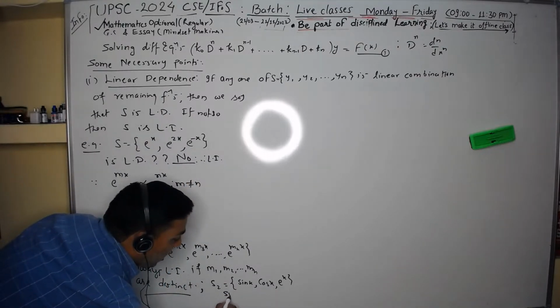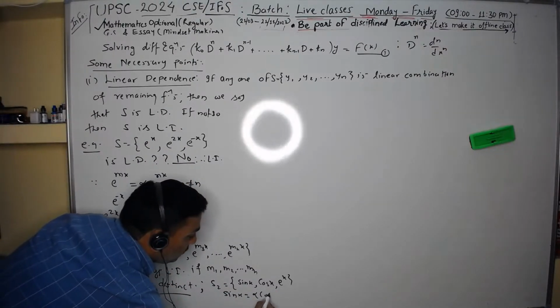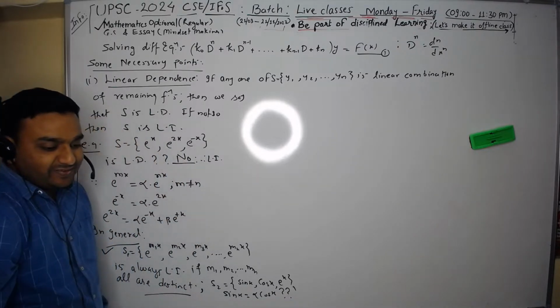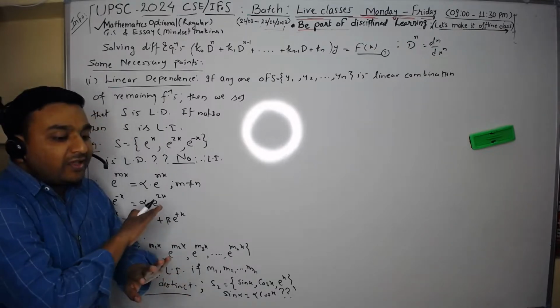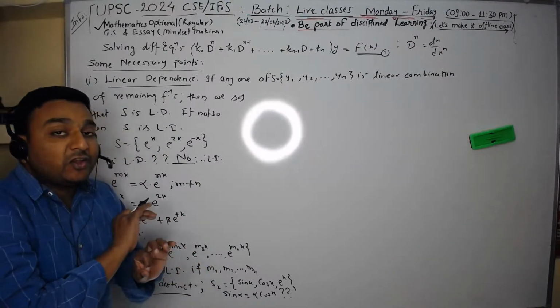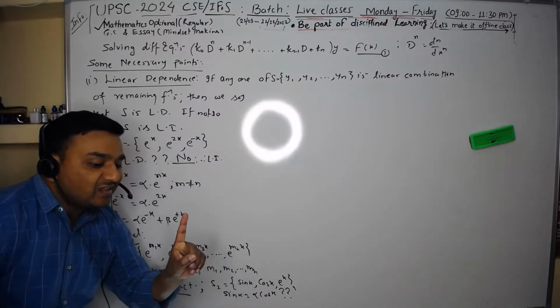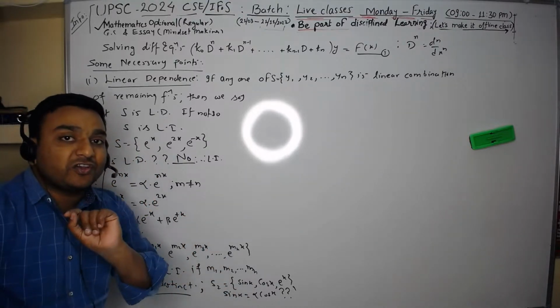Is it possible to write sin x as alpha times cos x? Shibu, is that possible? Not at all, my dear. Please focus. Alpha is a scalar, not a function of x.